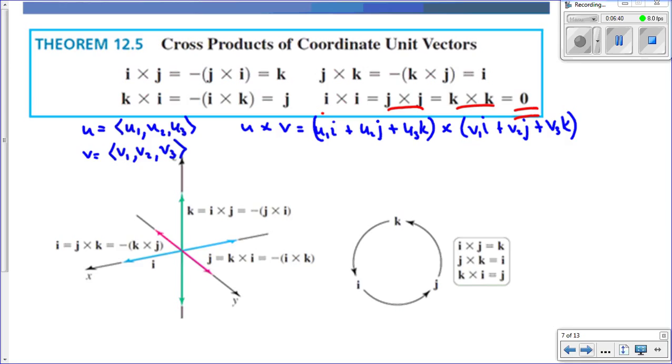Now I'm going to apply some of the properties of cross products. Remember when we had a sum cross a vector or cross a sum?